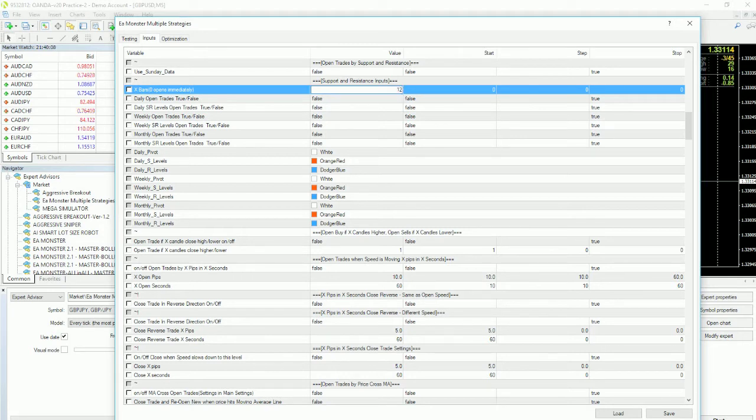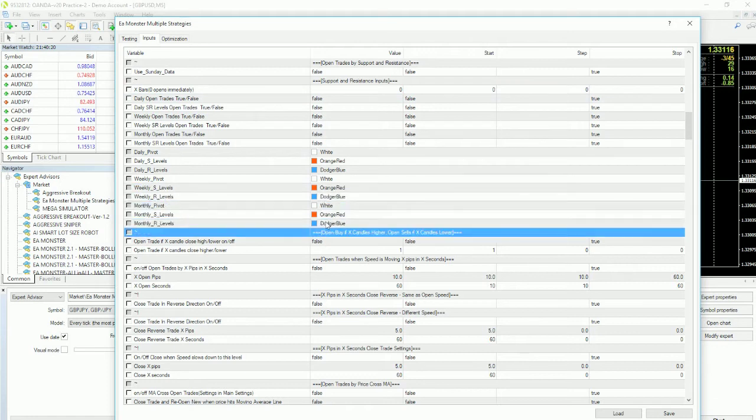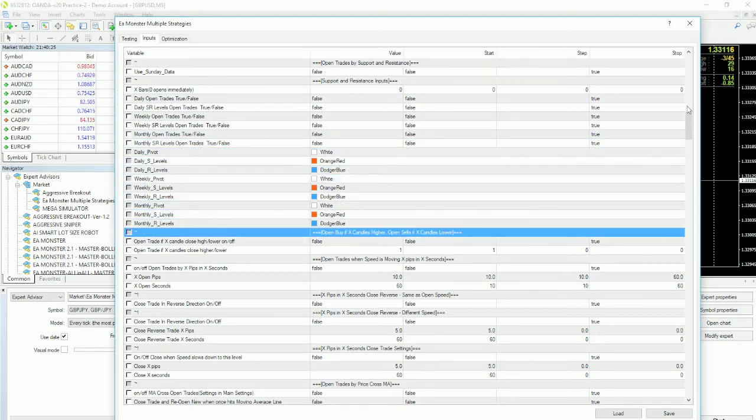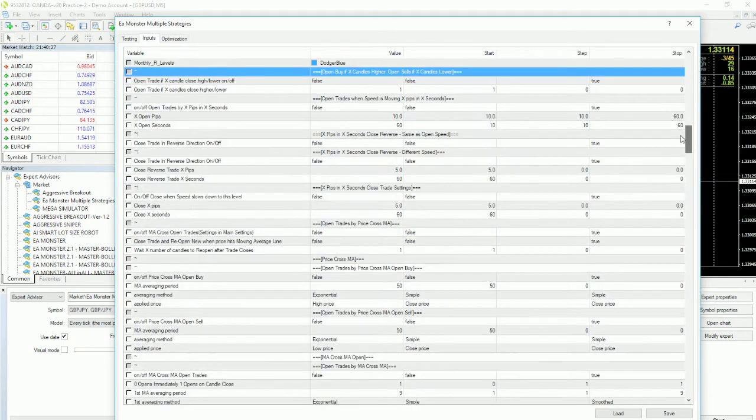If you set it to 2, it'll wait for 2 candles to close. If you set it to 10, it'll wait for 10 candles to close, and so on. You could do all kinds of variations to experiment with. Have fun with it. And of course, this will give you the colors of the pivots and the support and resistances.